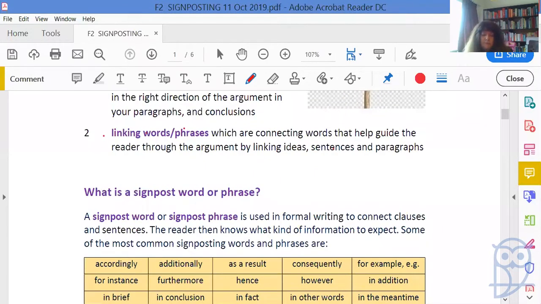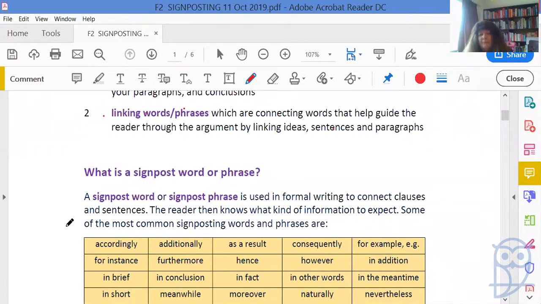What is a signposting word or phrase? What are we talking about here? A signpost word or phrase is used in formal writing to connect clauses or sentences. Then the reader knows what kind of information to expect. Some readers are not very bright and you really have to tell them what to expect.